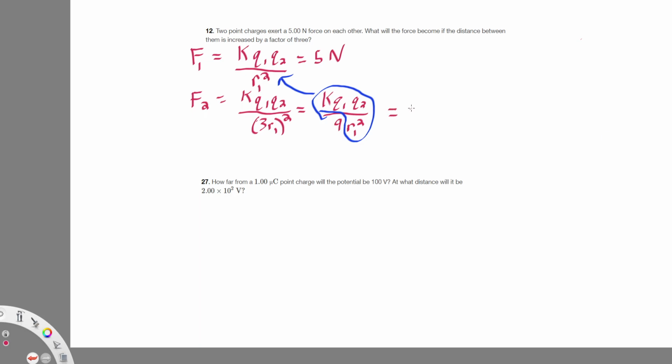So F2 is in fact F1 over 9. So if you triple the distance, you only exert 1/9 of the force.